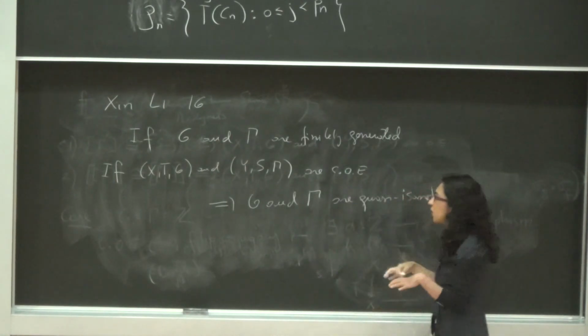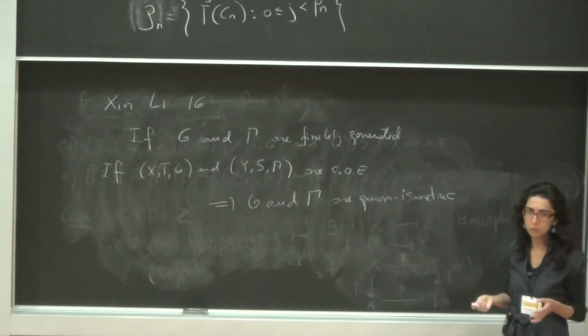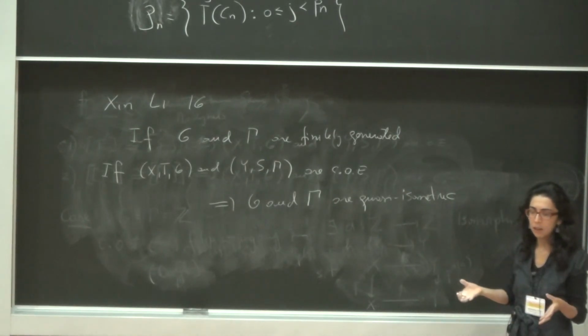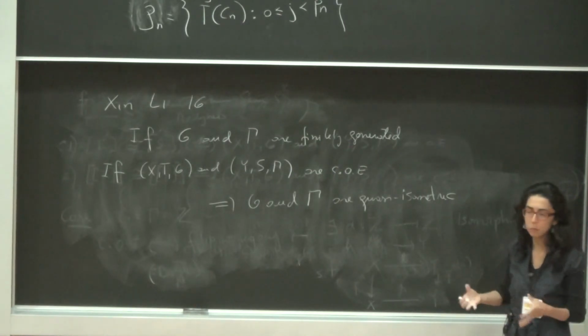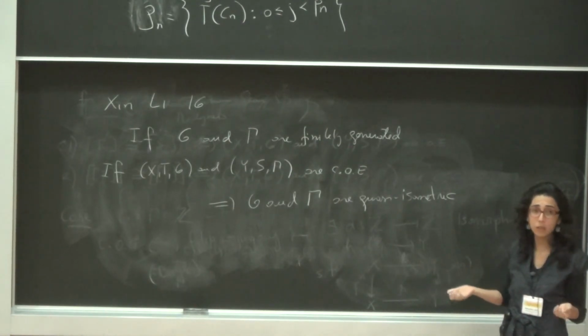So this is a restriction in terms of the groups. So there is some relation in the groups. There is some restriction on the group to have systems which are continuous orbit equivalent.